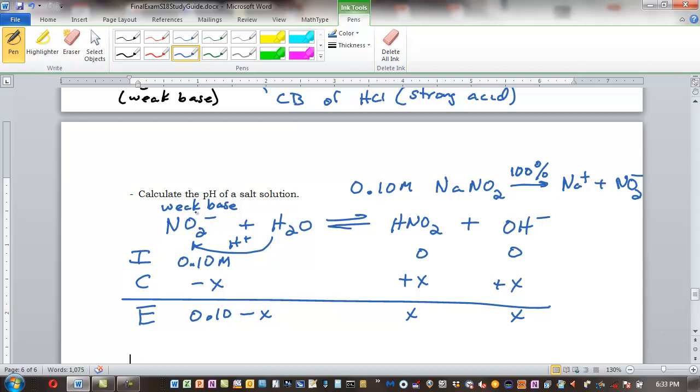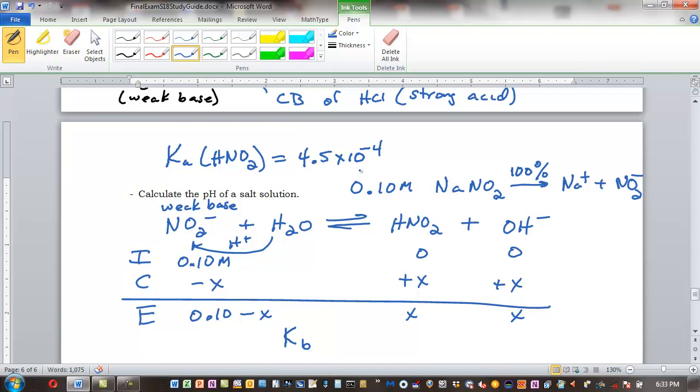So this is a base. What do you need for that base? We need its Kb value. Now, most likely, in a problem like this, you will be given the Ka value for HNO2, which is about 4.5 times 10 to the negative 4th.